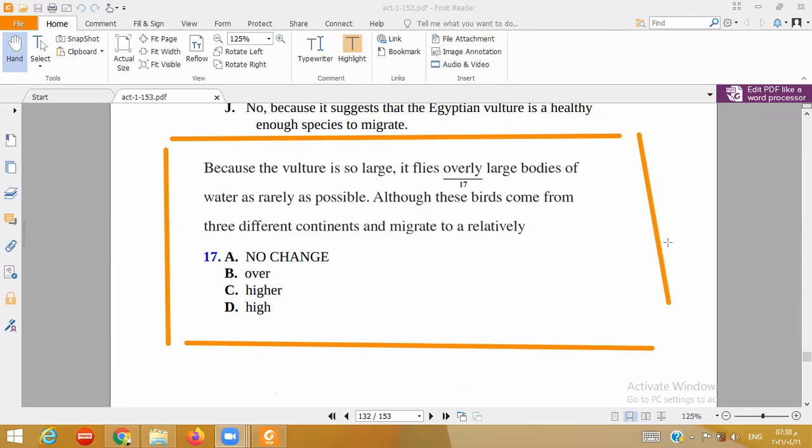So because the Egyptian vulture is so large in size, it flies over large bodies of water as rarely as possible.